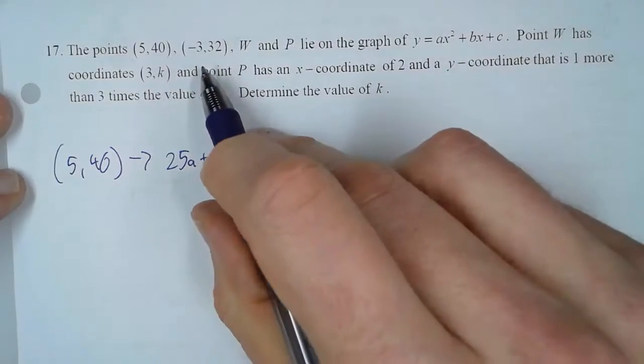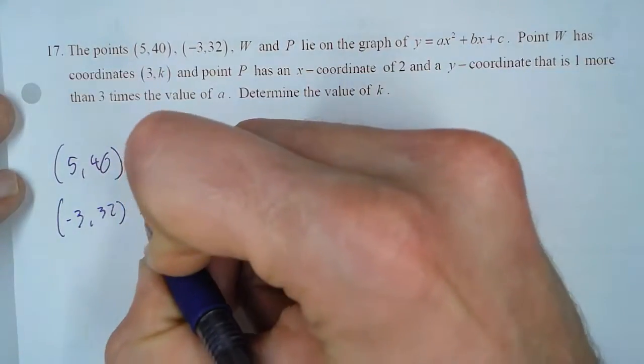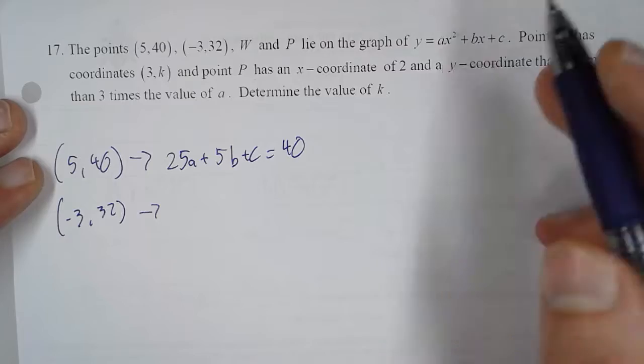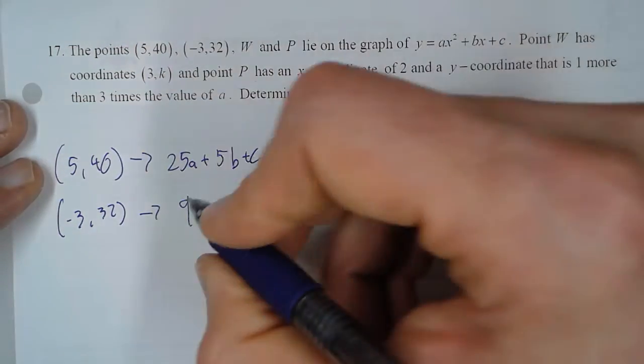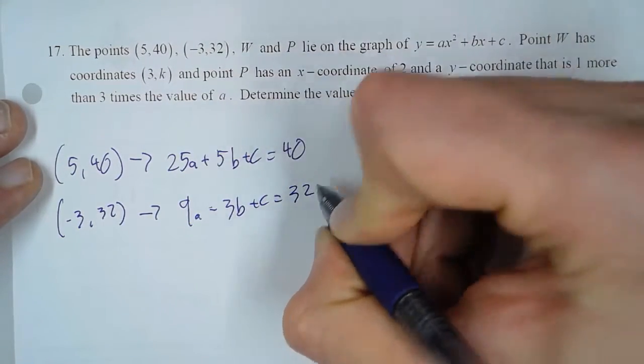Then we plug in (-3, 32). Negative 3 in for x, when squared, is 9a. Negative 3 in for x here is minus 3b plus c equals 32.